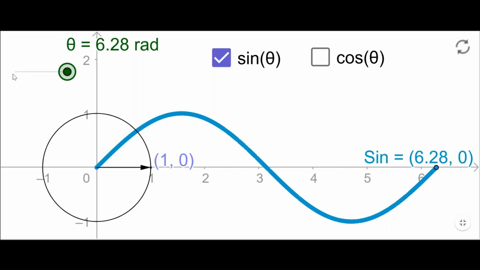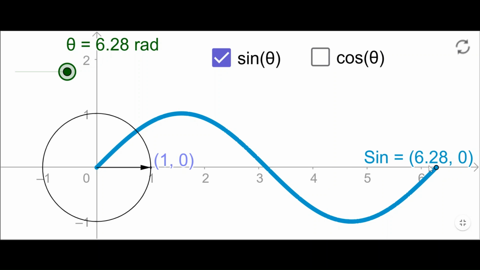So again, the x-coordinates for the sine function, the 6.28 in this case, correspond to the angle of rotation, whereas the 0 value corresponds to the y-coordinate on the unit circle.